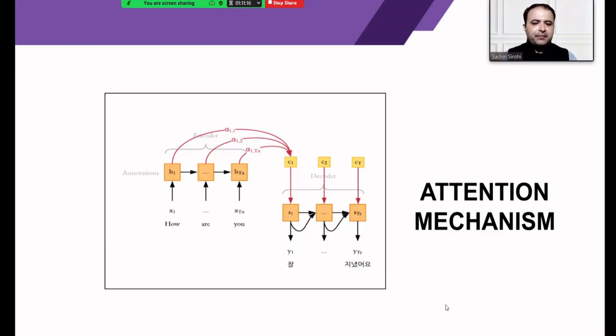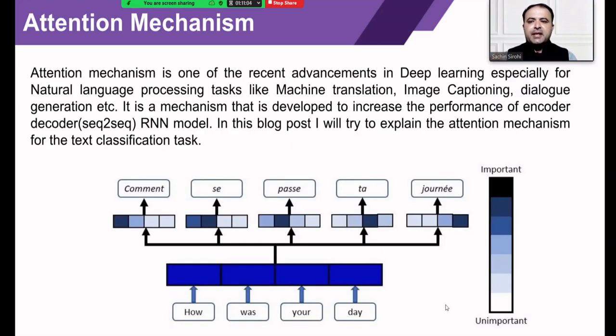Attention mechanism. In which area, in which text, in which data should we pay more attention? The attention mechanism is one of the recent advancements in deep learning, especially for natural language processing tasks like machine translation, image captioning, dialogue generation, etc. For example, a sentence like "how was your day?"